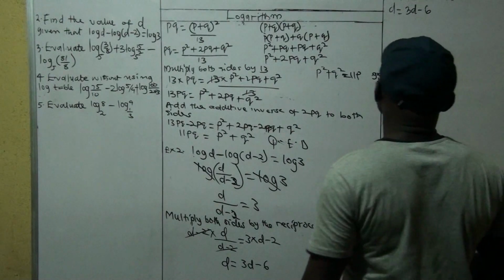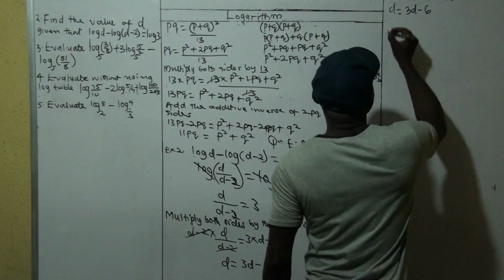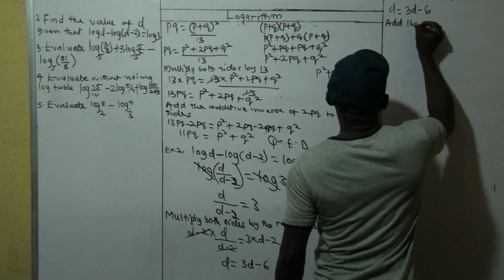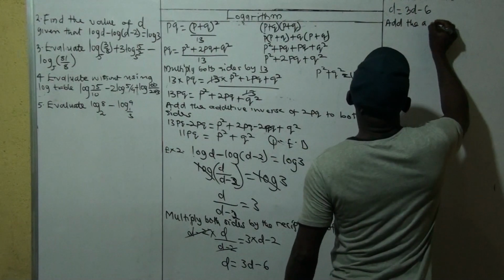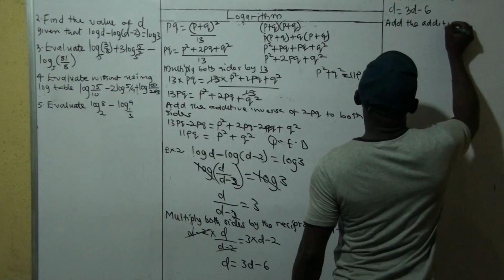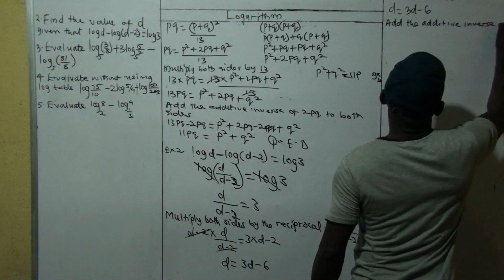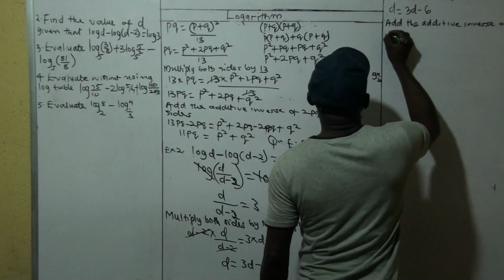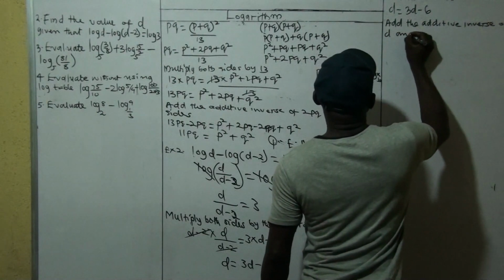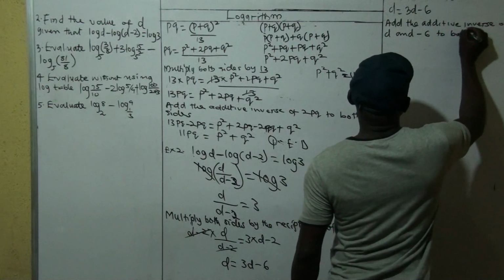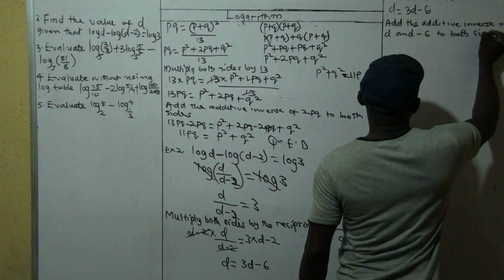So how do we do this? So we say add the additive inverse of d and minus 6 to both sides.